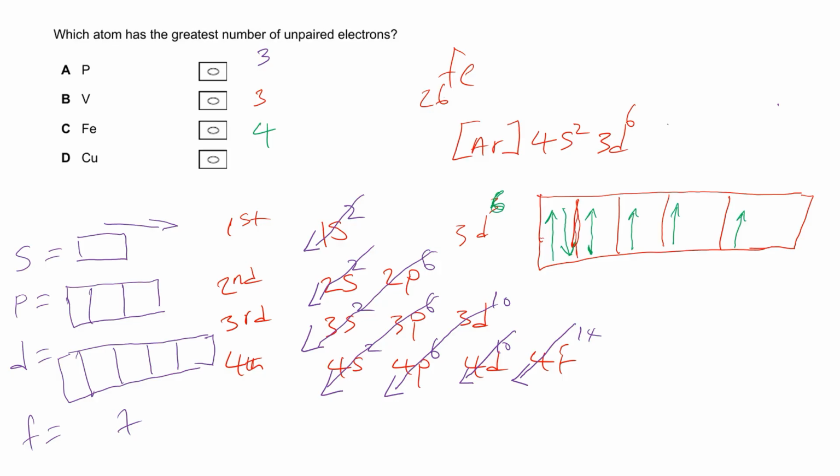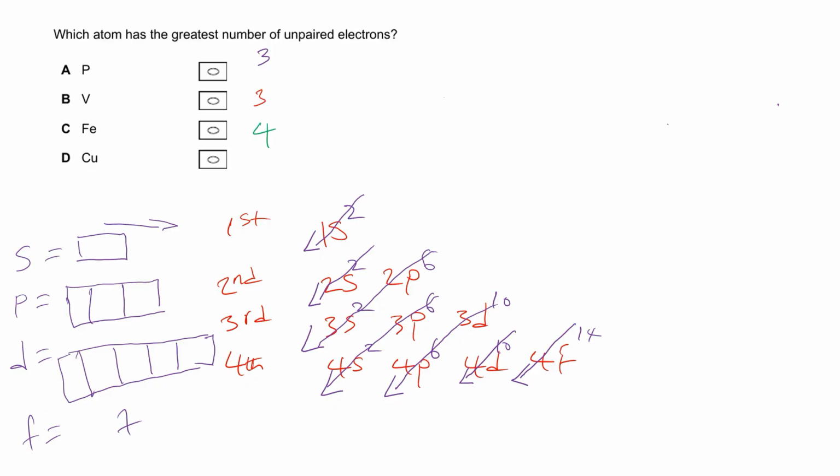Okay, so now let's look at copper. So copper has 29 electrons, right? Using the shorthand method, we have argon, then we have 4s2, right?